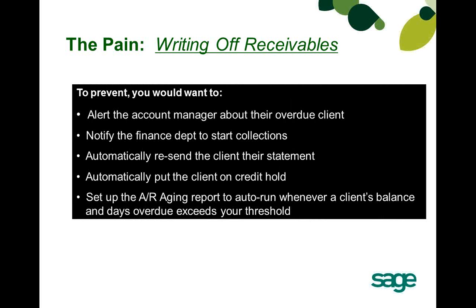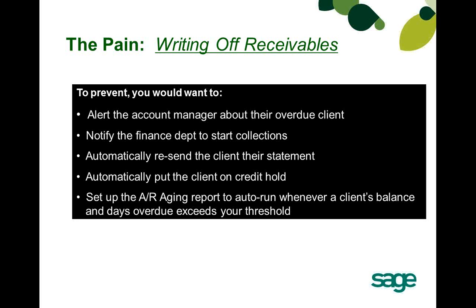Well, number one, as soon as a customer becomes past due, whether it's a dollar value or a number of days, automatically notify the appropriate people, starting with the customer's account manager or salesperson. At the same time, you might want to automatically notify your finance department or even a collections agency that you're using to get this customer to pay down their existing debt.